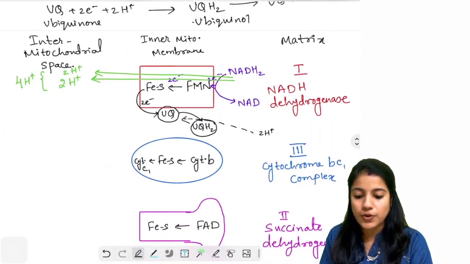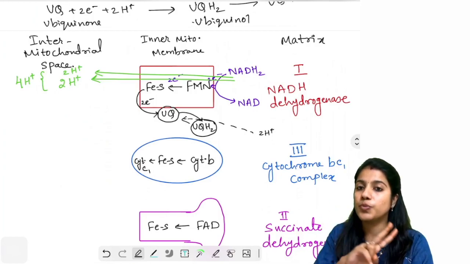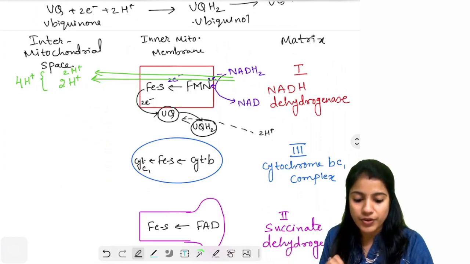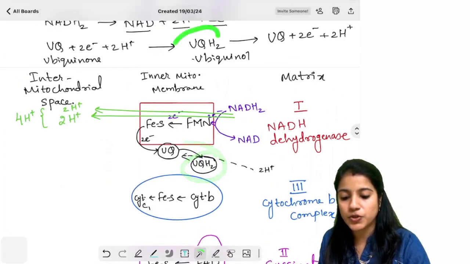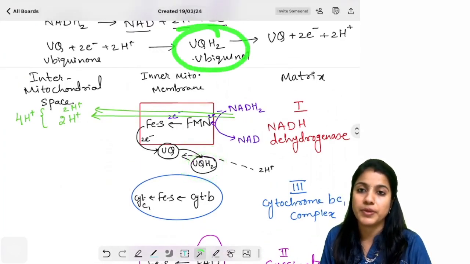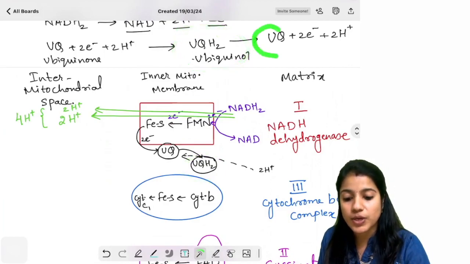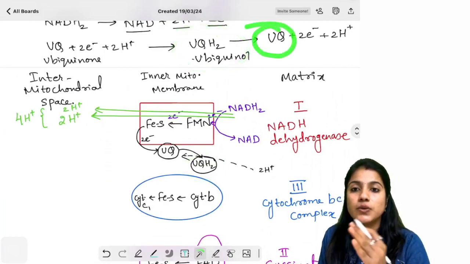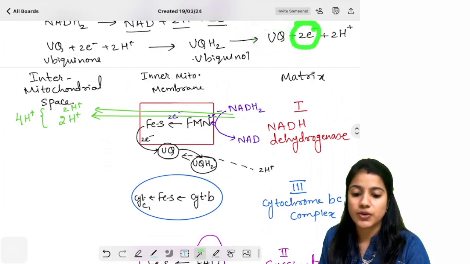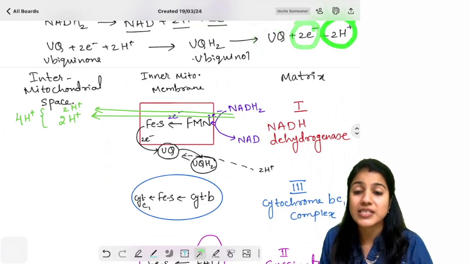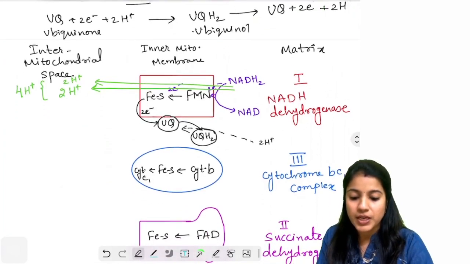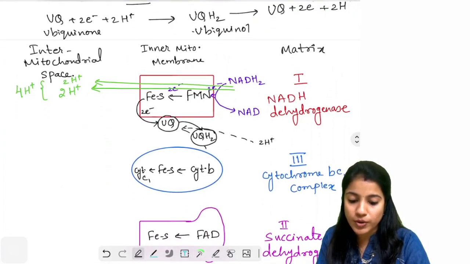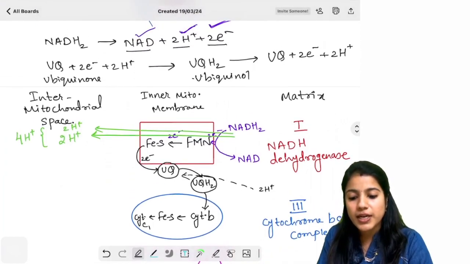Now, UQ has accepted 2 electrons and 2 protons from the matrix. We got UQH2. As I said, ubiquinol cannot remain in this state for a longer period of time. It will get converted back into UQ. During that process, again we'll get 2 electrons and 2 protons. Now, let's see how this transport will take place. UQH2 will donate the electron to cytochrome B. How many electrons did we get?